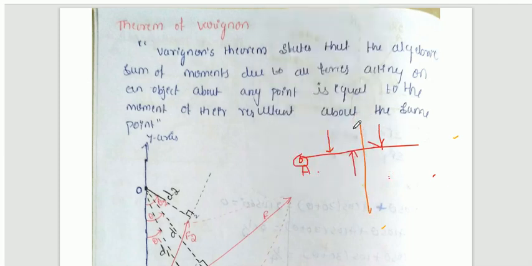The resultant may lie here, that is, because of all the three forces there may be one resultant. The summation of moments due to all the forces is equal to the moment due to the resultant about the same point. That is the statement of Varignon's theorem, which you need to prove. Have you understood this statement?